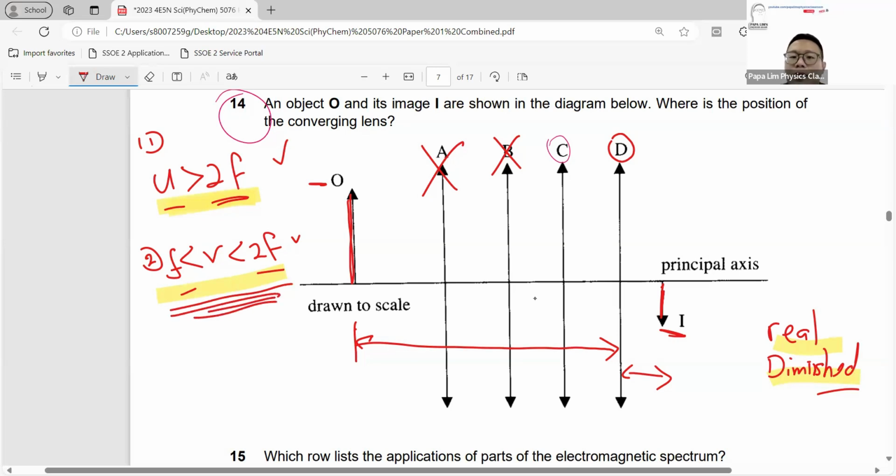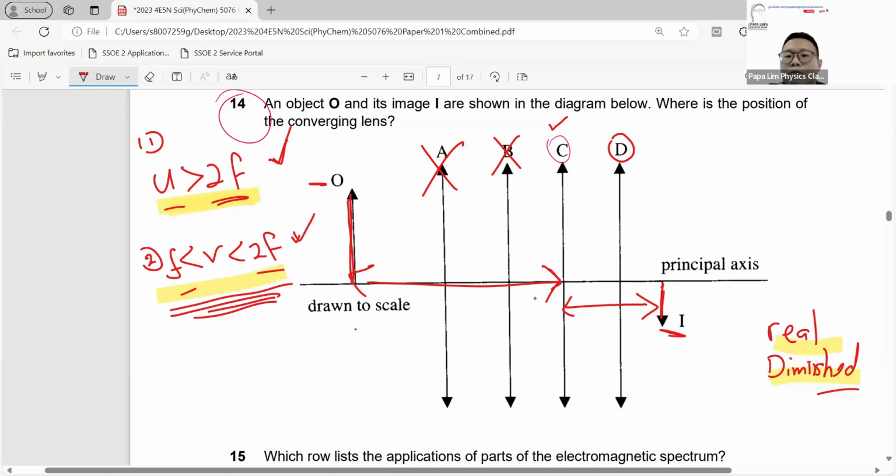So if I rule out A, B, and D, the only answer left will be C. And true enough, you test the answer here, you'll find that if the object distance is more than 2F, it is possible that the image distance is slightly more than F, but less than 2F. So that's why C is the option that can encompass these two conditions, and C is a better option as compared to D.